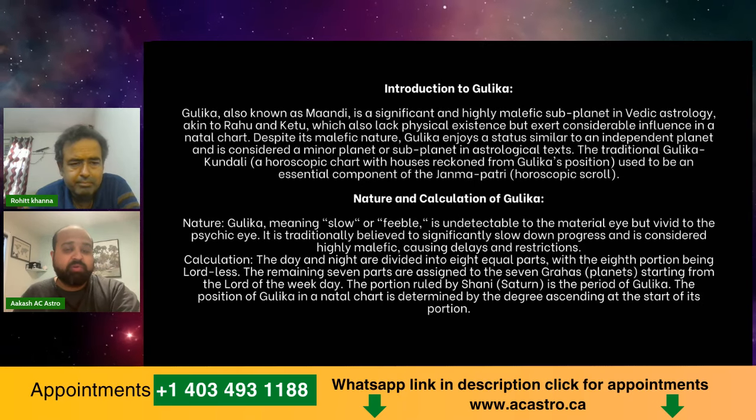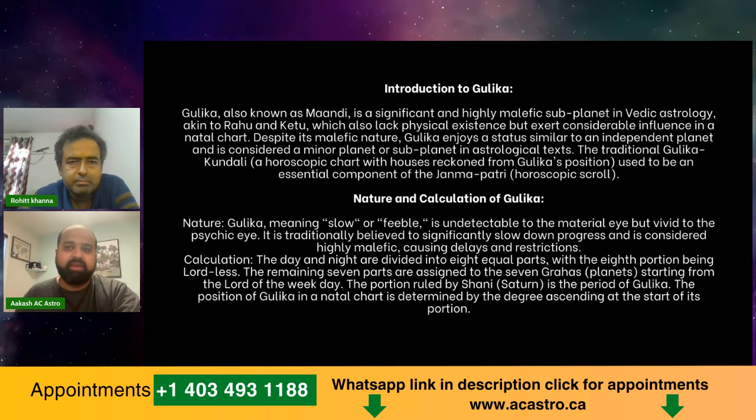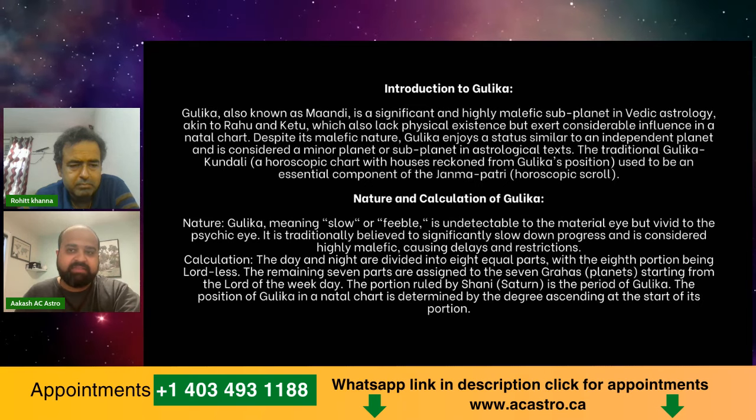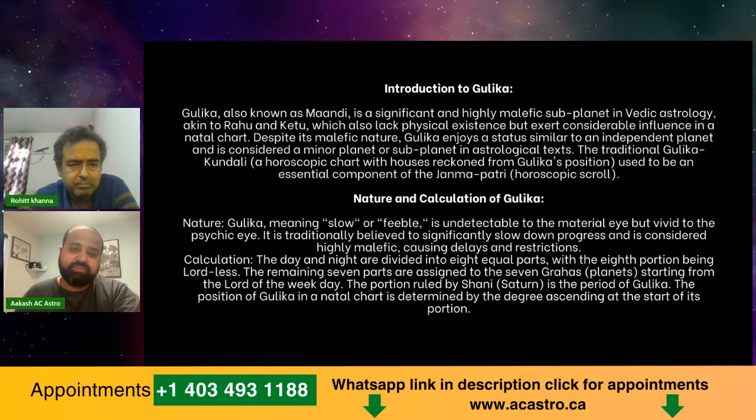Now, Gulika is also known as Mandi, a significant and highly malefic subplanet in Vedic astrology, very similar to Rahu and Ketu, which also lack physical existence but exert considerable influence in a natal chart.